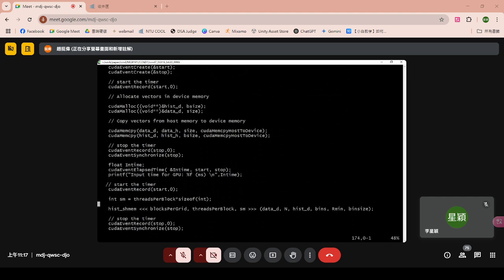Here, you just have to specify the shared memory size. So this is the fetch per block.